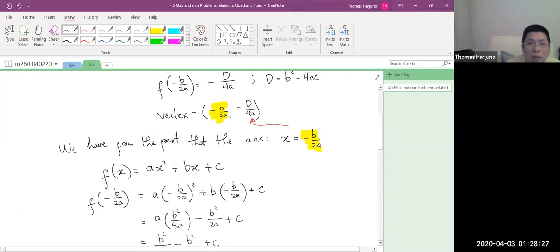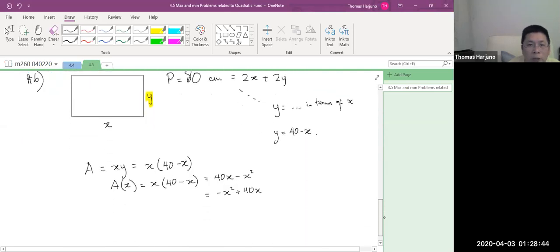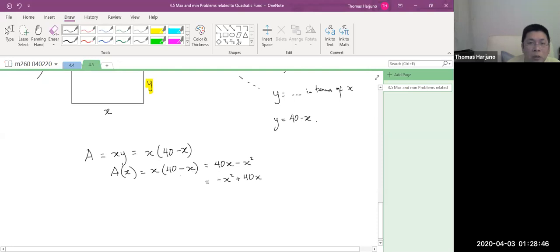If we want to find the x that gives us the largest area, that's finding the x component of the vertex. But if what we want here is the largest area for that rectangle, that's the y component of the vertex. So maximum area is negative D over 4a.